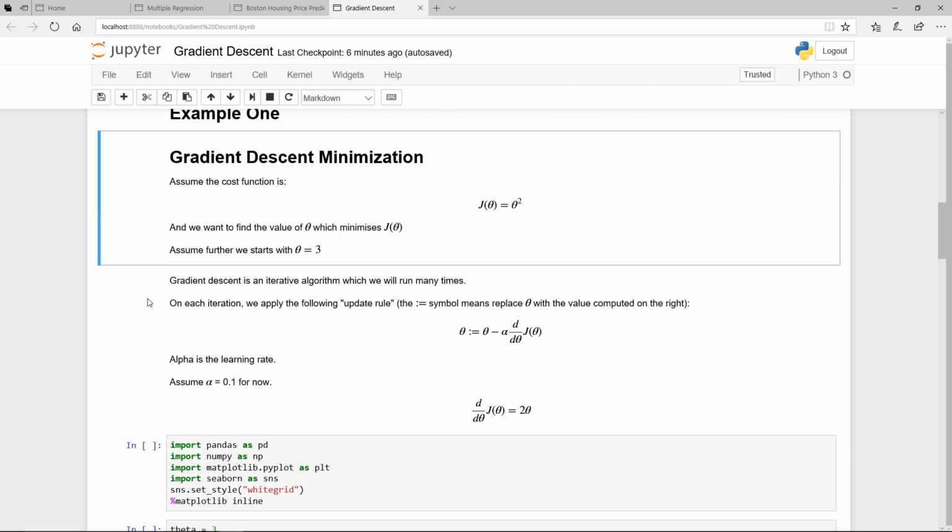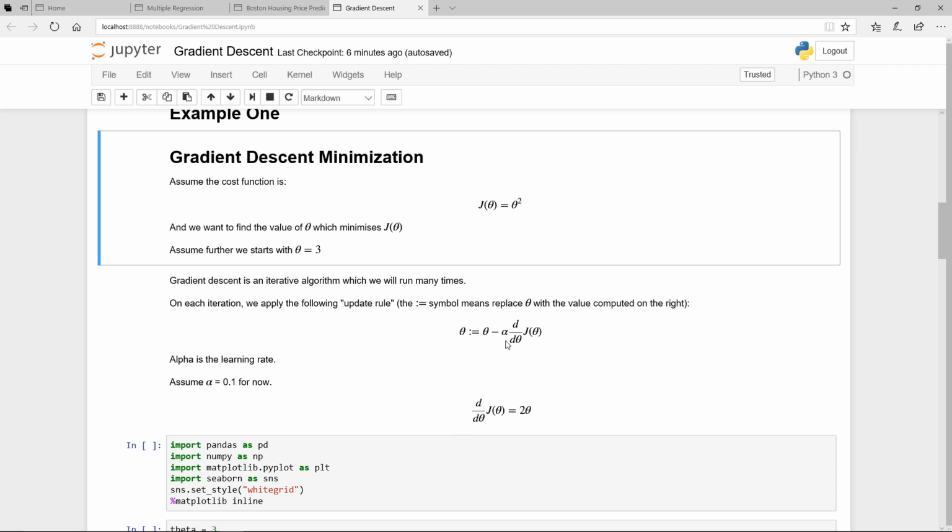Now, gradient descent is basically an iterative algorithm which we will run many times. On each iteration, we apply the update rule, which is this one here. Basically, this colon-equal symbol means replace theta with the value computed on the right. So once we've calculated this whole thing, we update theta.